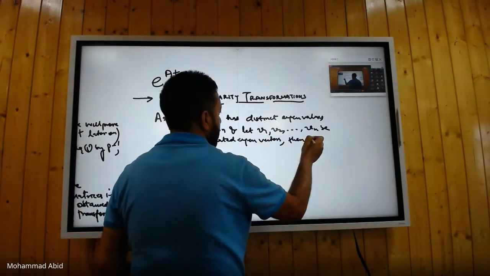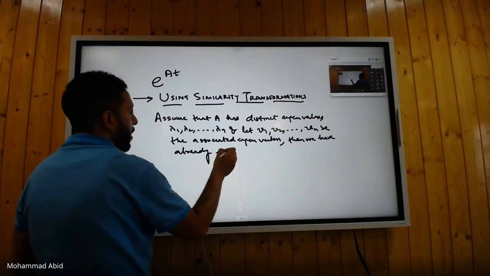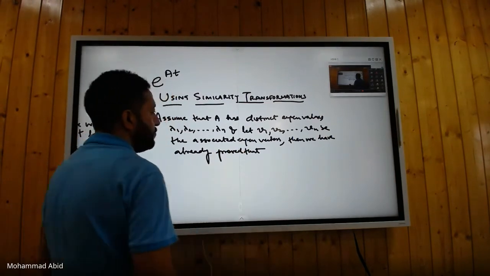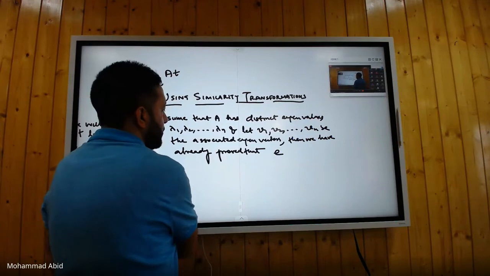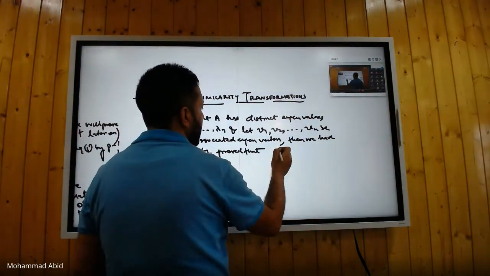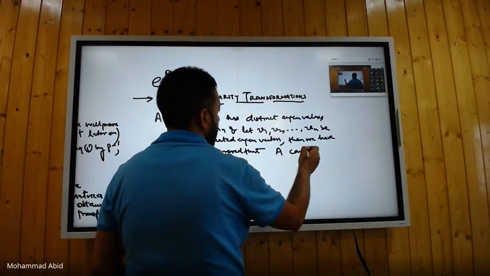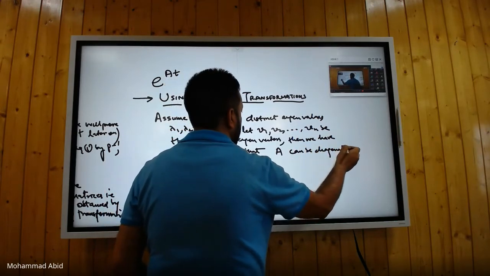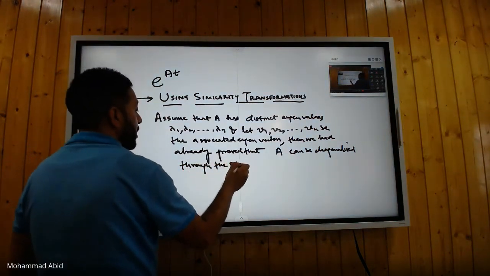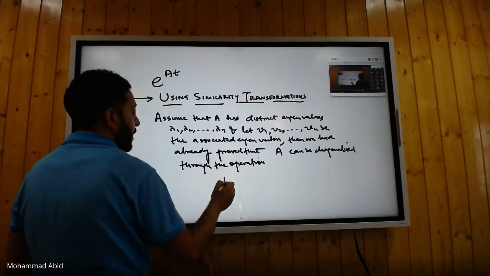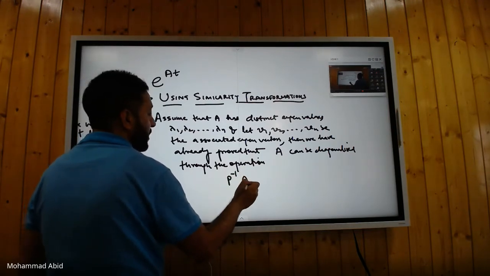Then we have already proved that A can be diagonalized to lambda, by the operation P inverse of AP equal to lambda.